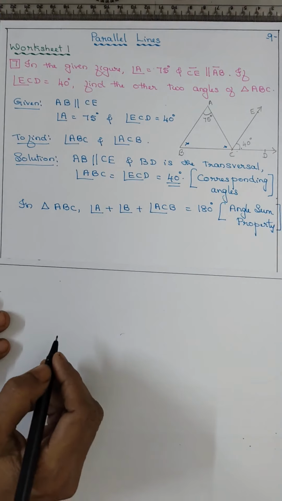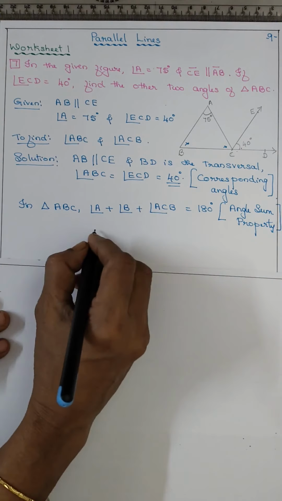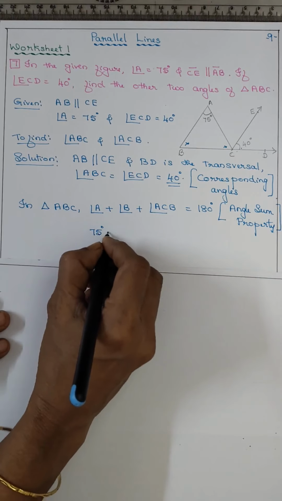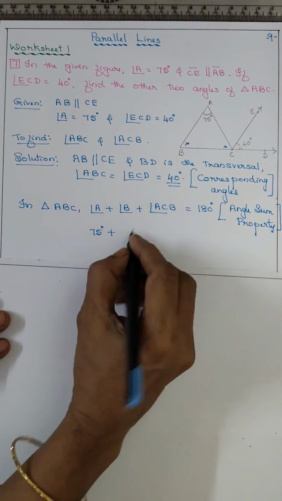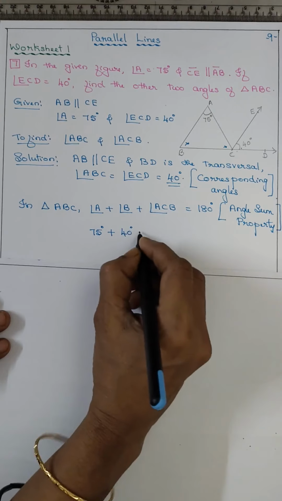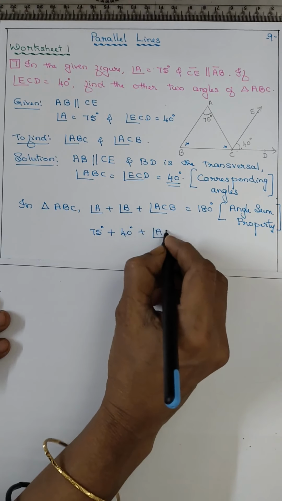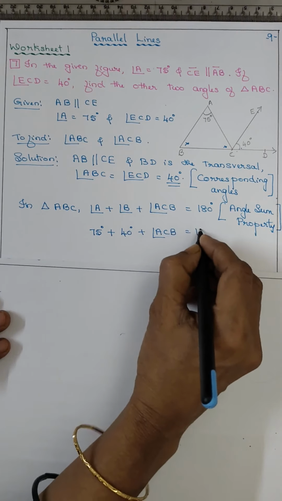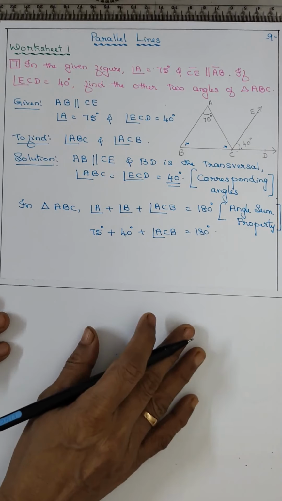Clear? Now A, how much is given? 75 degrees. B, just now you got 40 degrees.